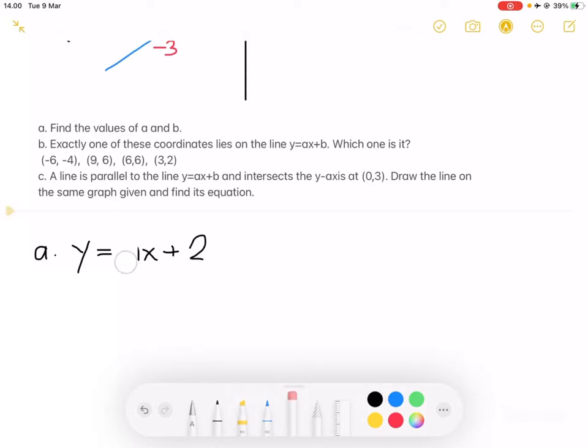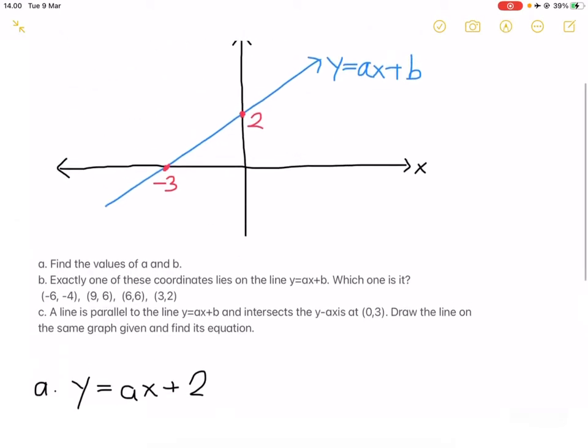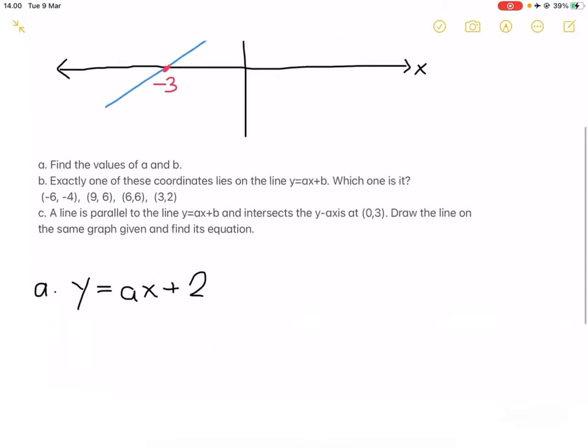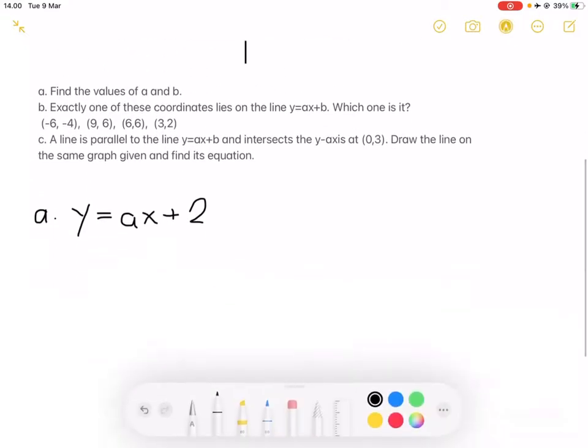Perhaps I should have written m as a in this case. So we need to only find the value of a. Let's just use the other coordinate, which is negative 3, 0, which is the x-intercept. Just plug in the x and y values.